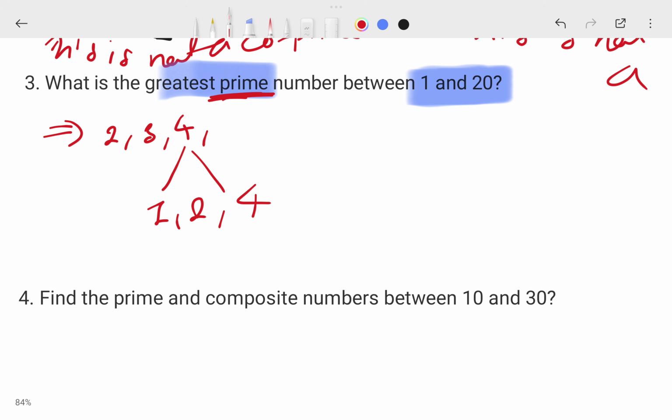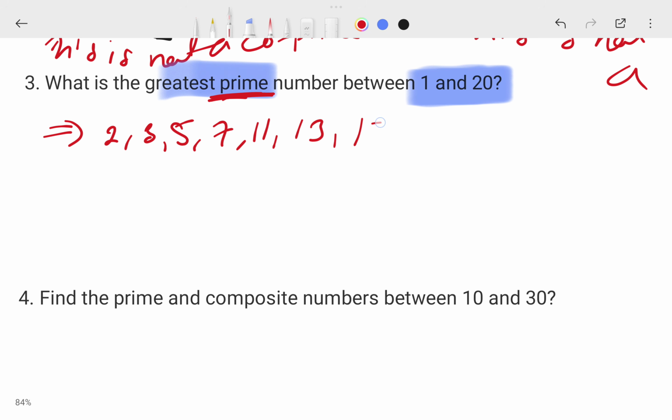The rule of a prime number is that it must have 2 factors, that is 1 and the number itself, but here there is an extra 2, so 4 is not a prime number. Remember this. So 5 is prime, not 6, and 7 is prime because it has 2 factors, 1 and 7. Then 11, 13, 17, and 19. So these are the prime numbers between 1 and 20.